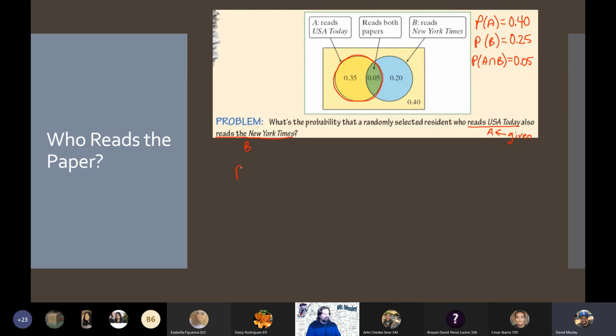So now we want to find the probability of B given A, which means we want the probability of B and A divided by probability of A. The probability of B and A is the same as probability of A and B. It's the same intersection no matter which way we write it. So we get 0.05 as the numerator. Probability of A is 0.4.